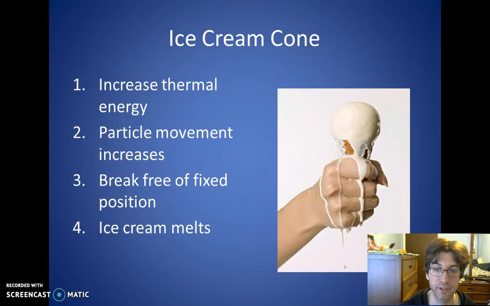So as your frozen ice cream, you're giving it energy just by holding it, transferring the thermal energy from your hand into the ice cream. It increases the movement of those particles. Those particles are going to start moving so fast that they're going to break free from that crystal structure. Once that crystal structure gives way, your ice cream melts, and that's why you get that liquid forming there.